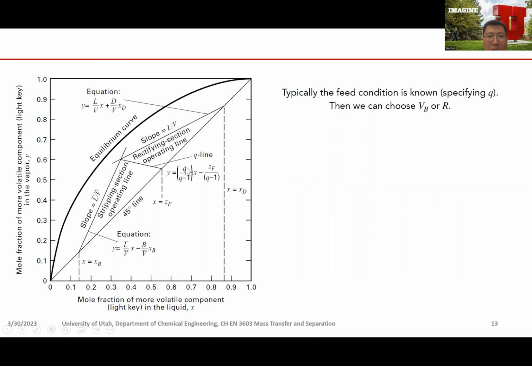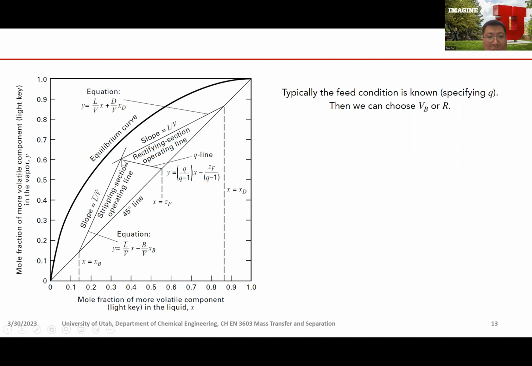Now, if we know the feed condition, whether it's a liquid or vapor, a mixture of liquid and vapor, a subcooled liquid, or a superheated vapor, then we can know q. And if we know the feed composition, we know that point, and we can draw the q line.